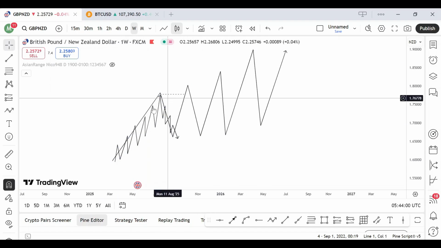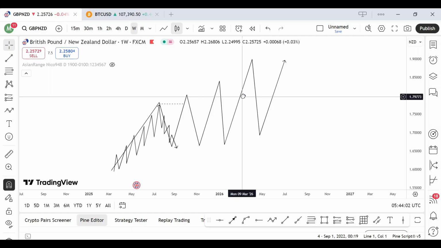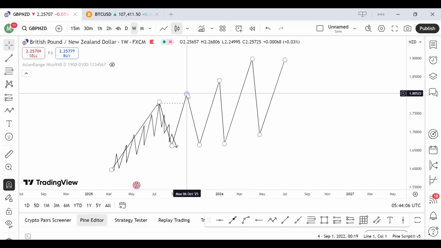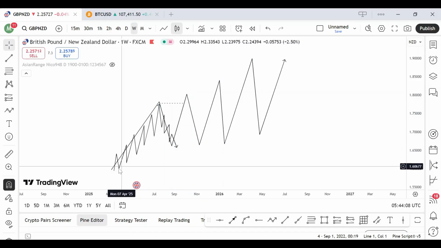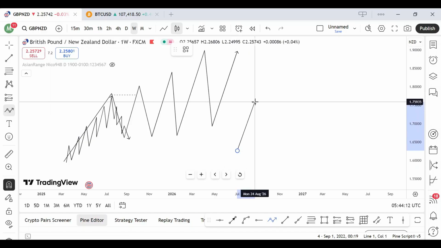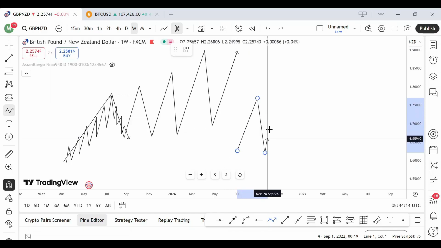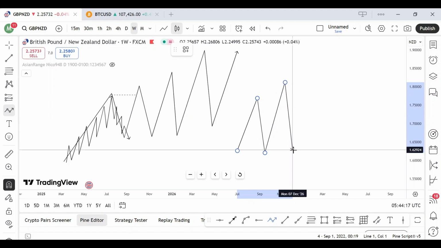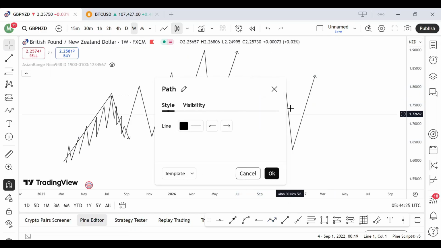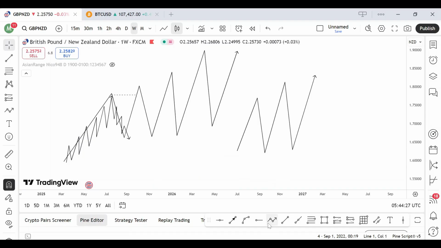So always keep that in mind: when you come to a higher time frame and you identify a swing structure, and you see that price has already made a higher high, something like this. Price has already made a higher high, higher low, higher high, higher low, and you see that price is going to make a higher high. So what do you do? You drop down to the lower time frame.